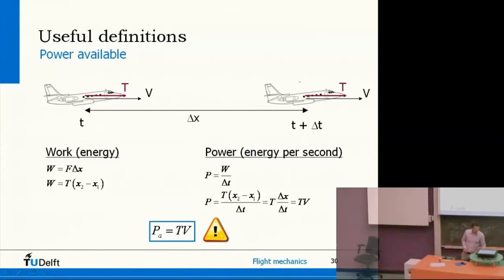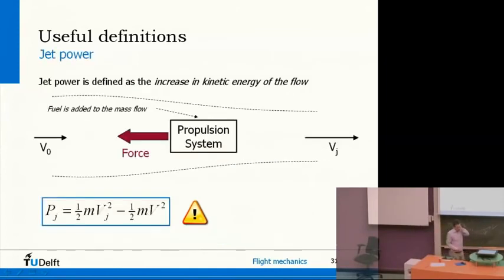So we can also define something which is called jet power, and that's basically the change of kinetic energy of the flow. If you look at the front of the engine, then kinetic energy would be half m v squared, and at the end of the engine it will be half m vj squared.